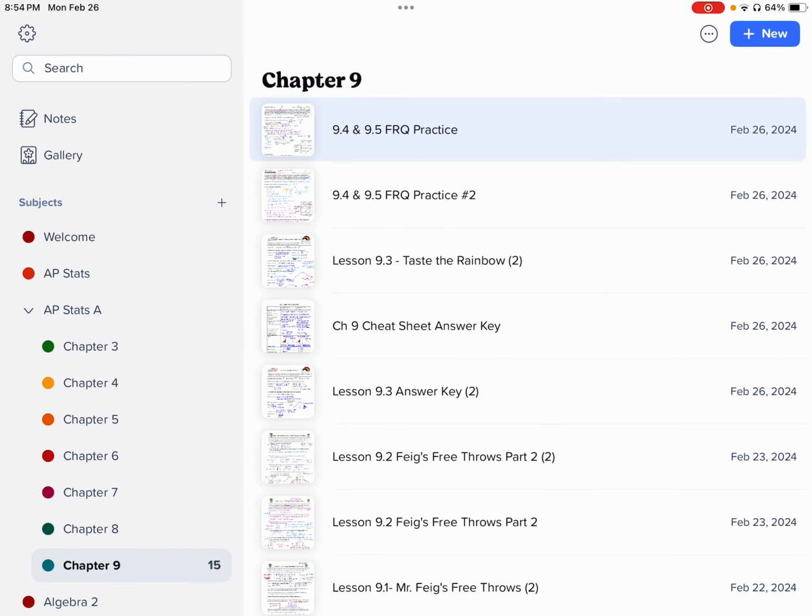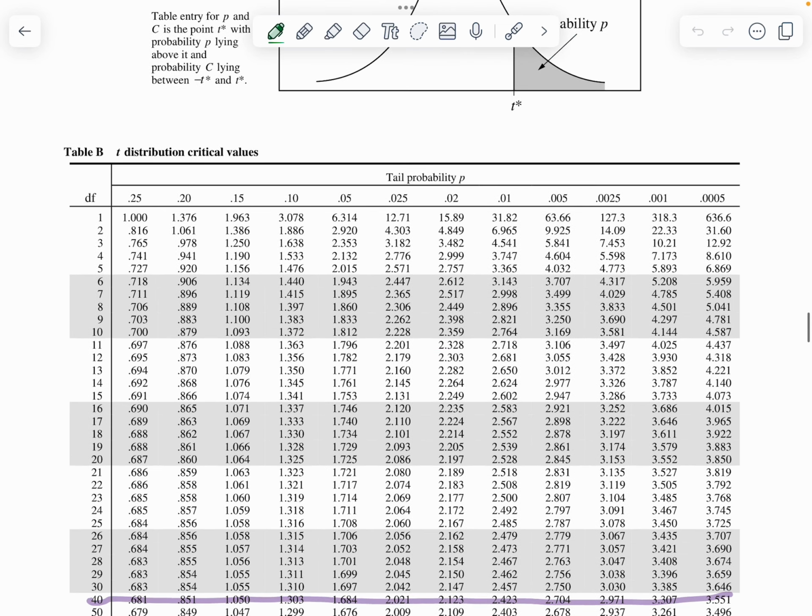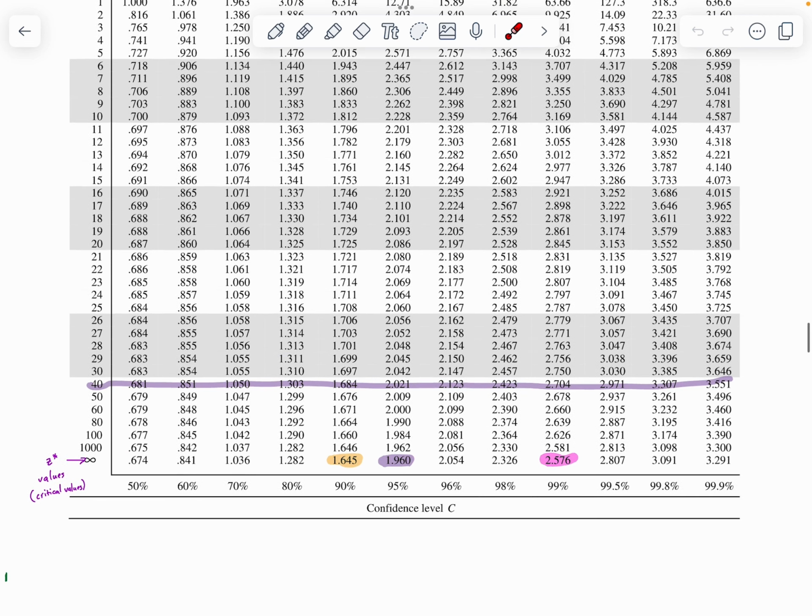Okay, let me see, where did I put that? Here. So again, table B, t distributions. Degrees of freedom was 43, but remember you go down to the smaller number because you're going to have a more conservative estimate this way. So I've highlighted that row.